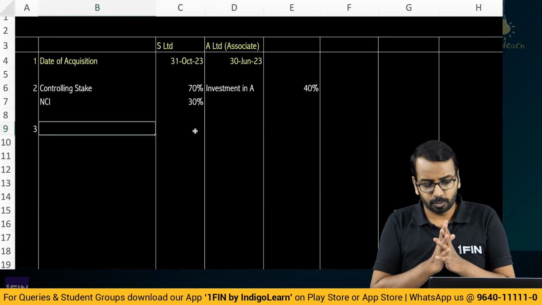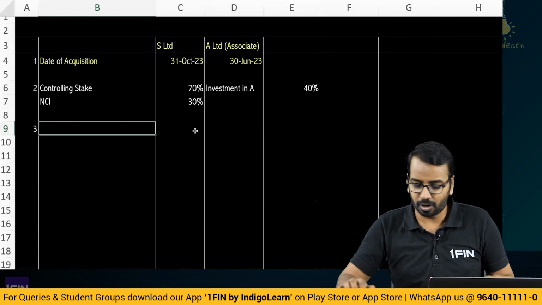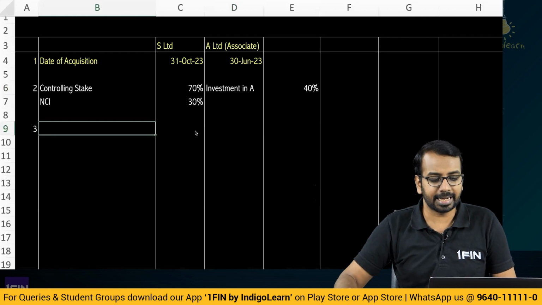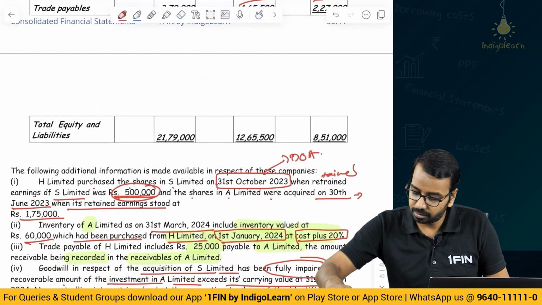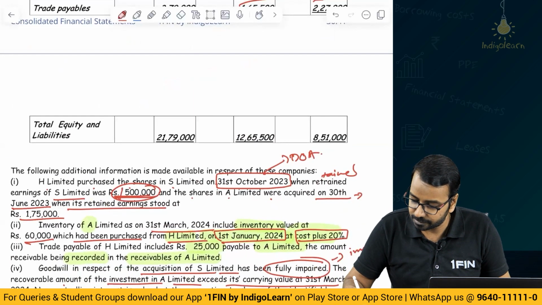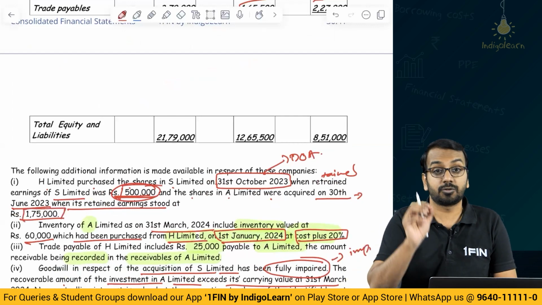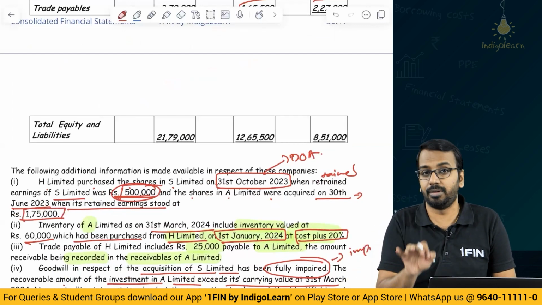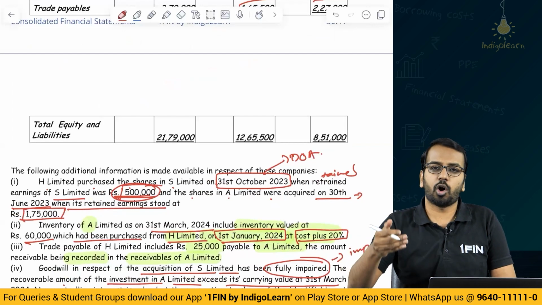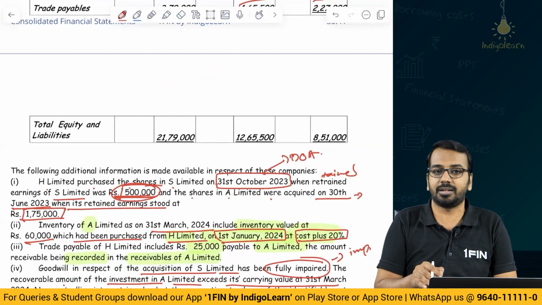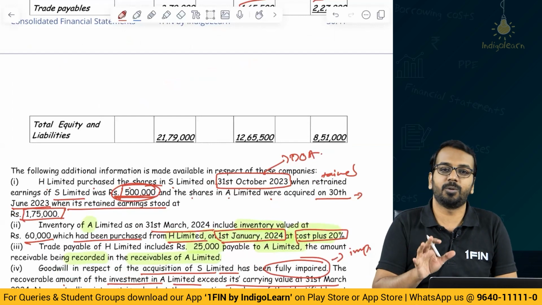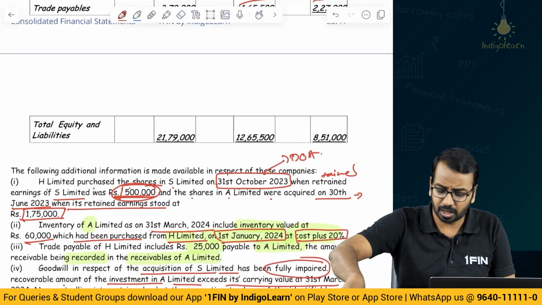To be frank, it is not really difficult because they have given it to us in the question directly: on the date of acquisition, the retained earnings is 5 lakhs and here the retained earnings is 1,75,000. For associate, we just need to calculate the goodwill amount, but we do not need to show that separately in the financial statement. As far as S is concerned, for S we need to calculate the goodwill. This all of us should be aware of.